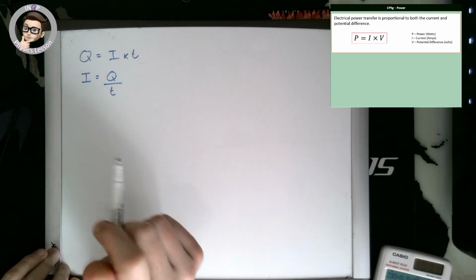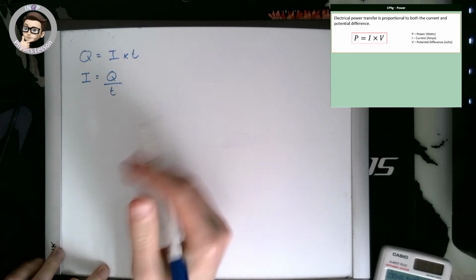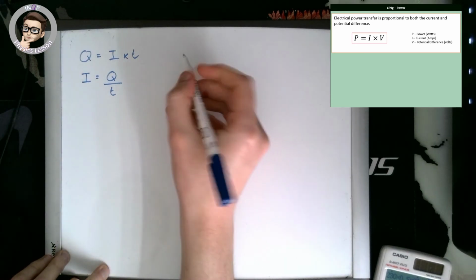Well, if we now go to our power equation, because I can't see any time in there, and we've already said that power is energy divided by time. So let's go across to this equation over here.